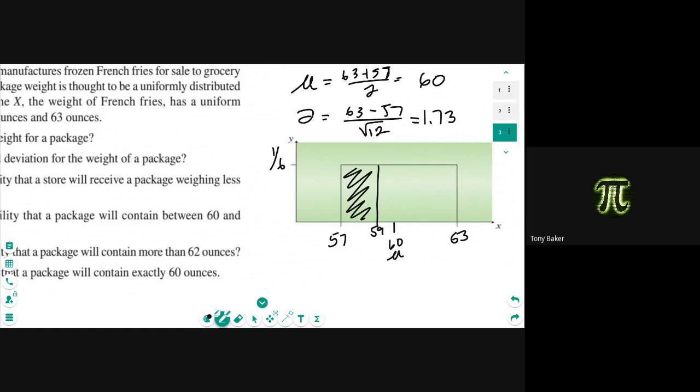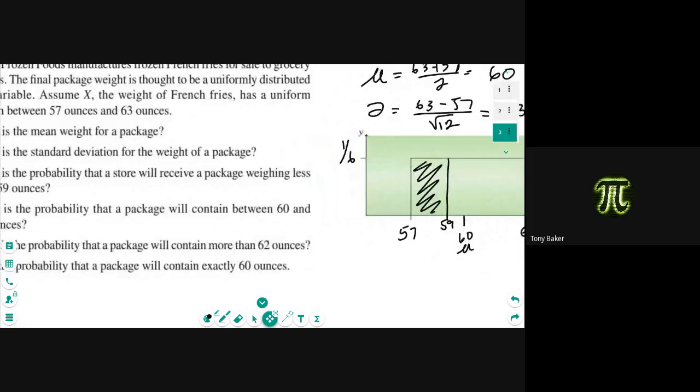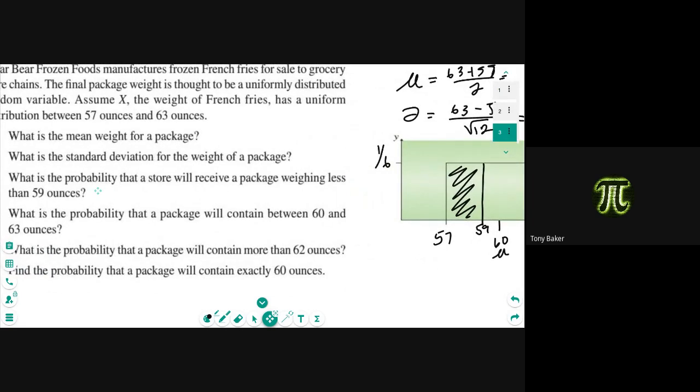Just a fraction of 1. So what's the width? We went from 57 to 59, which is 2, correct? So 2, and what's the height? 1/6. So 2 times 1/6 is 2/6 or 1/3, or 0.33333333.